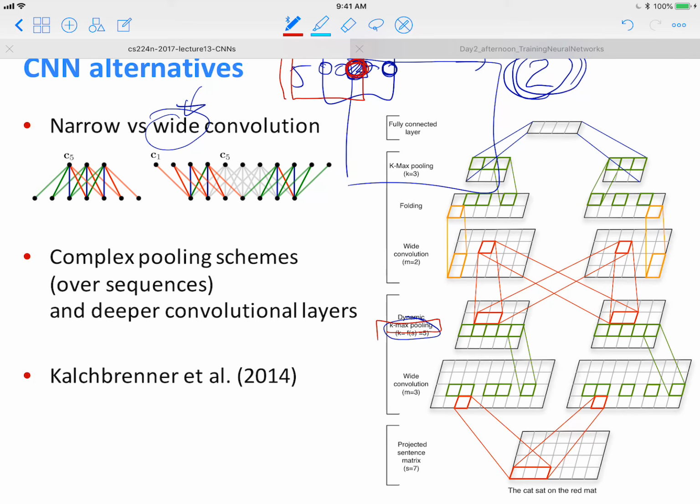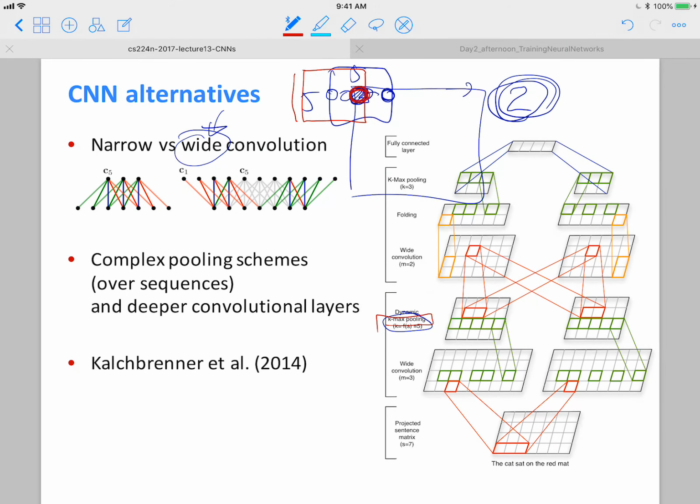So K-max pooling. In typical text classification, suppose we apply one particular filter, and suppose our input sequence is "I go to school", and then we will have this activation. Suppose we apply the same padding, and then the convolution activation map will be 1, 2, 3, 4, 5.